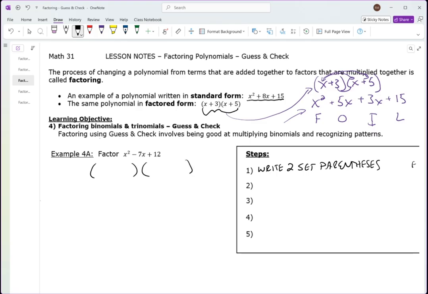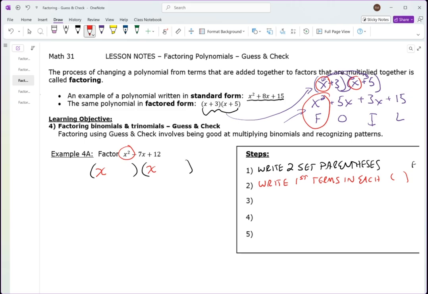Then my next step is to write the first terms in each parenthesis. Because this is x squared, I know that this has to be x times x, because when I multiply my first two things together, I get my first item.